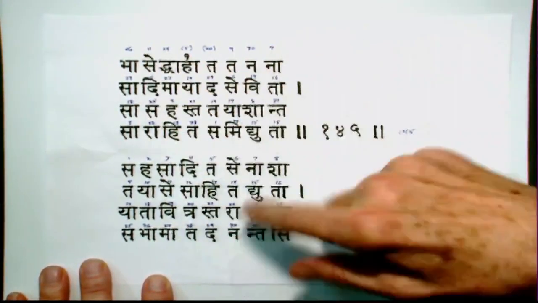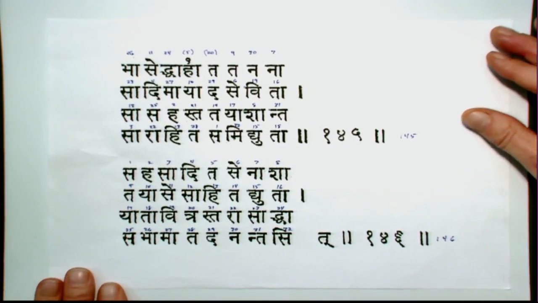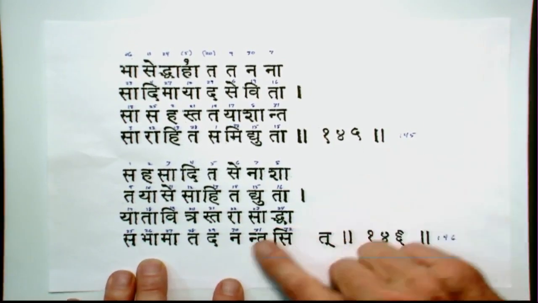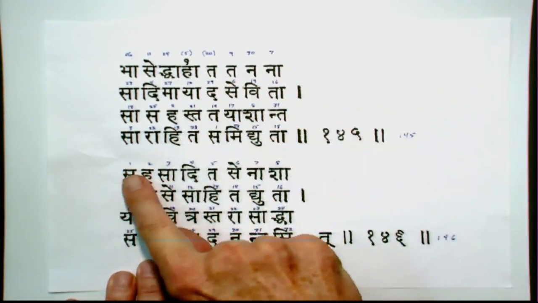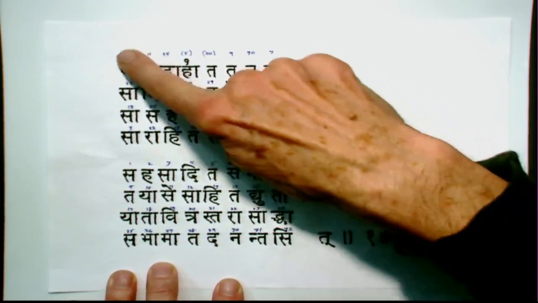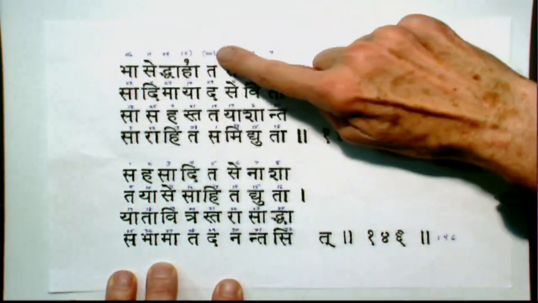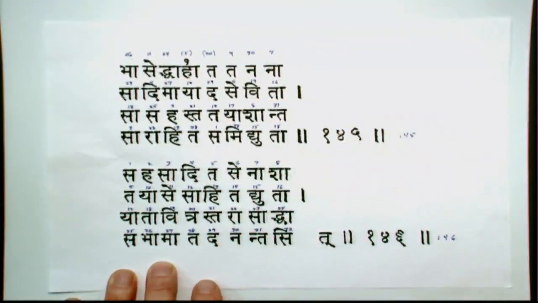If we rearrange the 32 syllables in a grid, this is what we find, and it's not quite a perfect match. Call this 1, 2, 3, 4, 5, up to 32, and this would be 26, 11, 24, but 5 and 20 don't match the 5 and 20 here. Now, that's either because of a copying mistake or because of poetic license, but the other 30 definitely match perfectly.